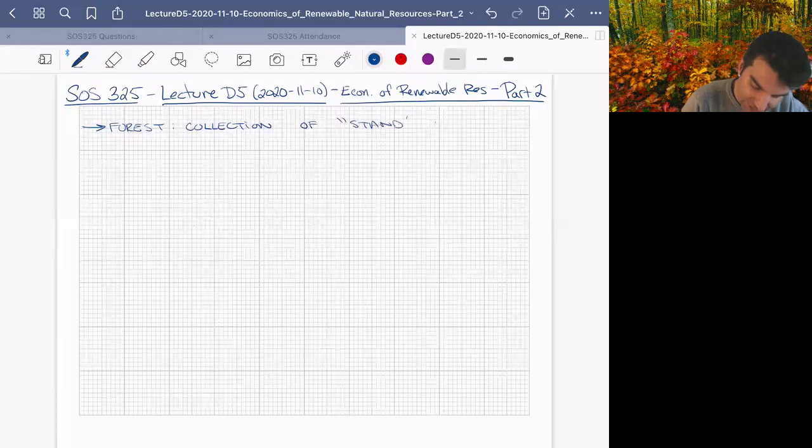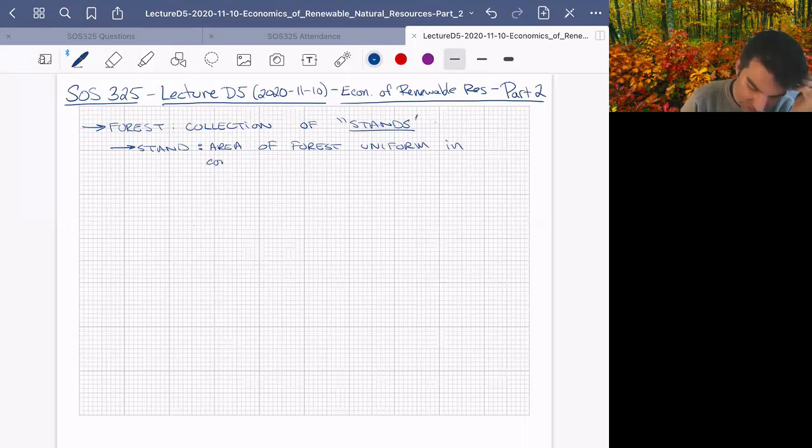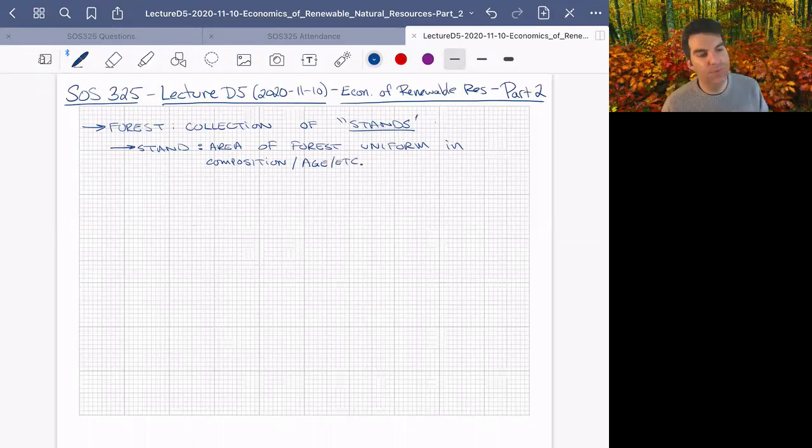So if you're not familiar with this term stand, a stand is basically an area of forest that is uniform in composition, age, etc.